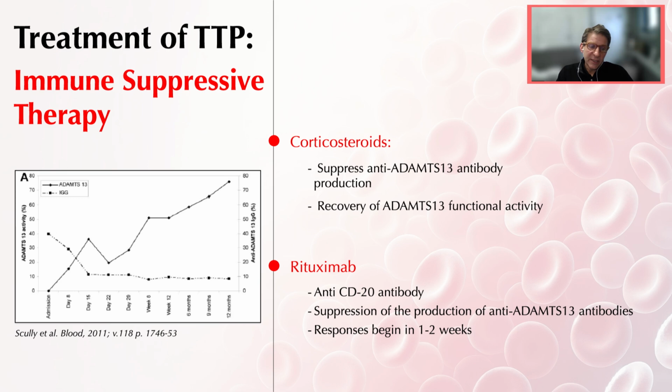And if you look at these data from Marie Scully, that'll make more sense to you. In these data, the rituximab was started within 1 to 3 days after the first plasma exchange procedure. So these day 8, 15, 22 are a bit different than the previous data I showed you. But again, if you look at the benchmark of 20%, we're talking 25 to 30 days until the majority of patients are above a level of 20% that we think is protective.